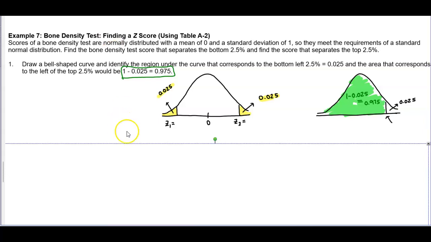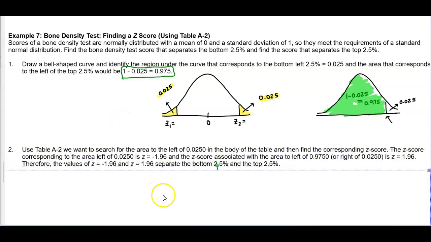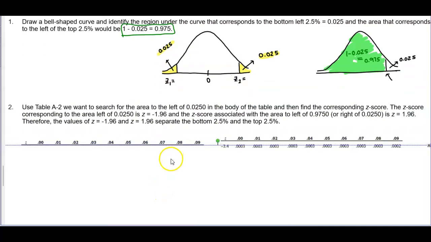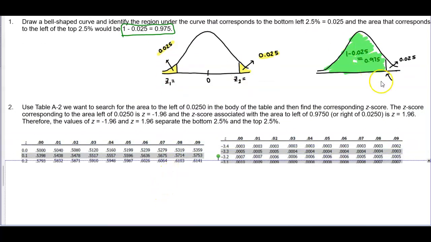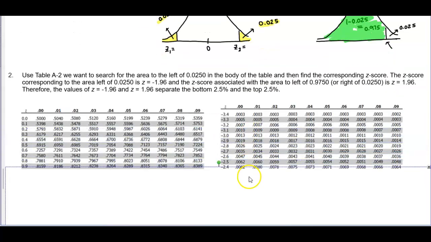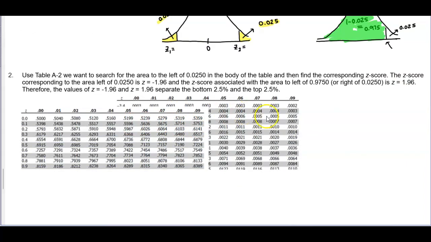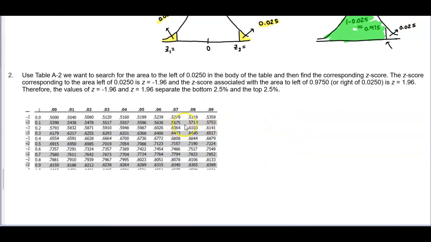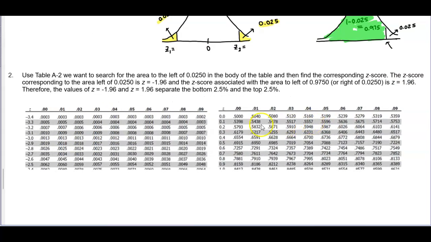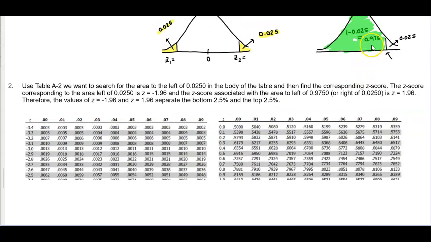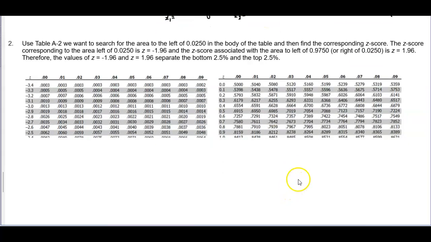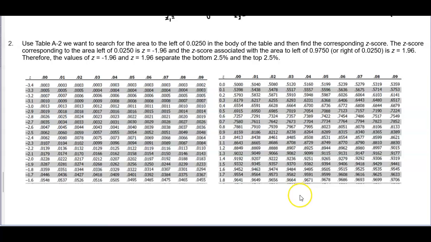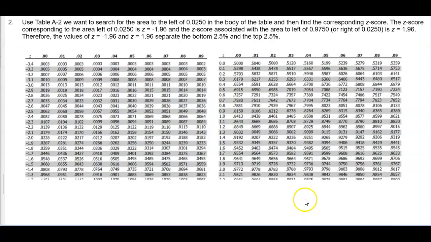Okay, so in order to find this z-score on the right, we need to look at the area of 0.9750 on the table. So we're going to come down here, and we know that this is going to be a positive value because it's to the right. Let's make sure that we have our left z-scores over here and the right z-score over here. So we're looking for the area of 0.9750. Do we have a 0.9750?